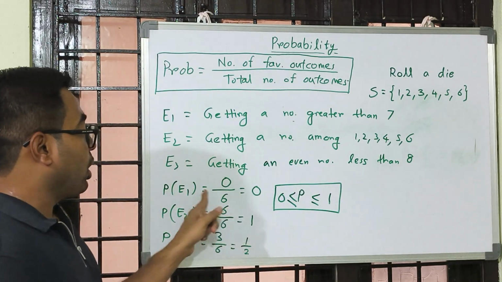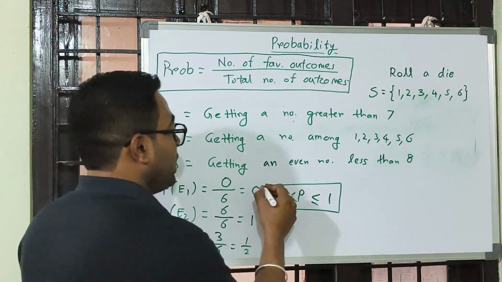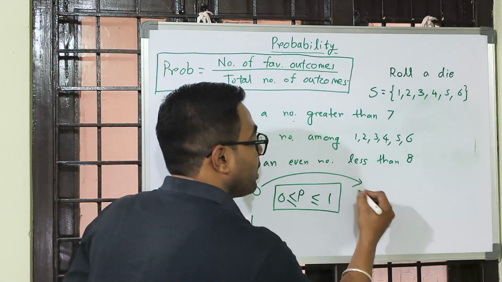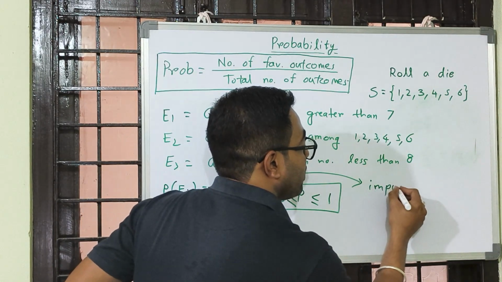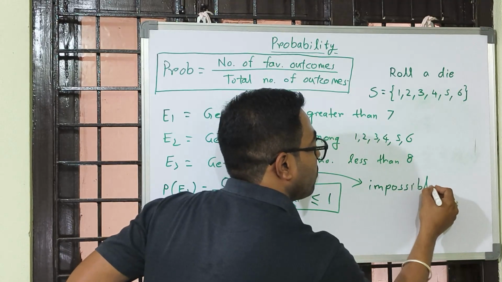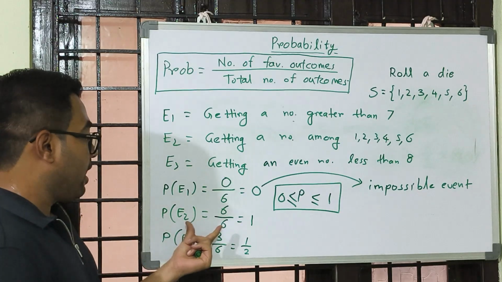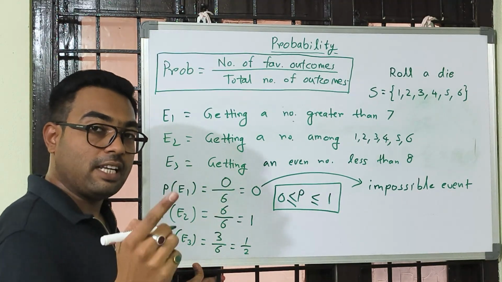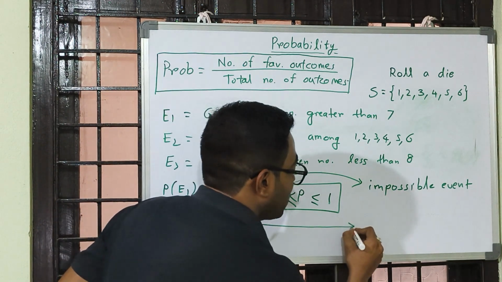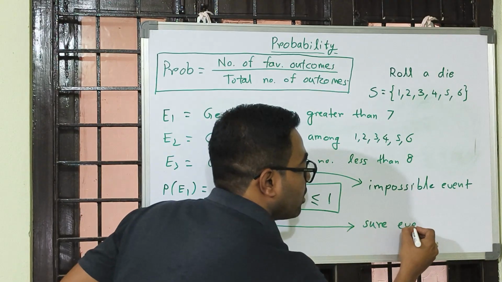And such an event which has probability 0 has a special name, impossible event. And an event which has probability 1 also has a special name. It's called as sure event.